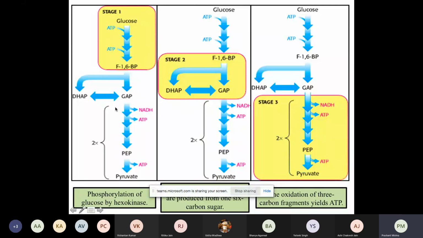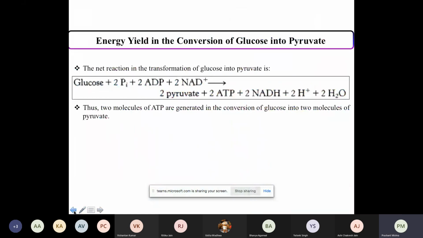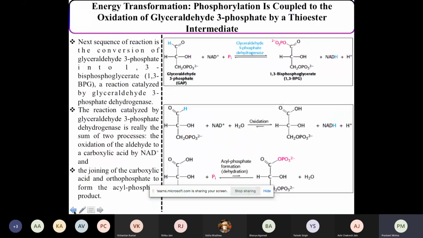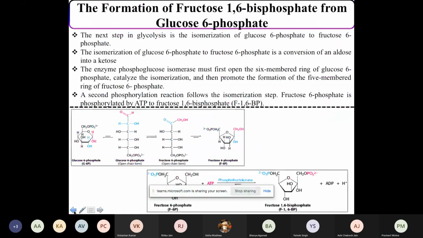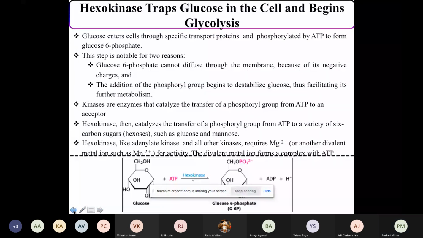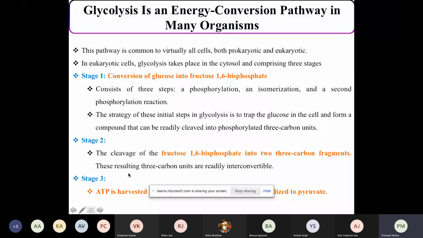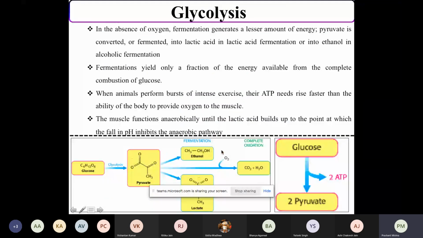Now I'm giving you a question at the end, for you to think over. Going back to the reaction, suppose in this stage there is no oxygen, and also there is no production of ethanol or lactate.